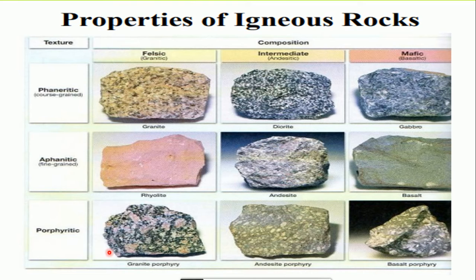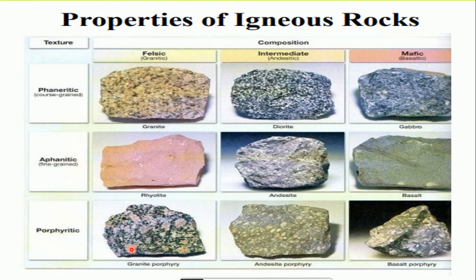Porphyritic texture is a special type of texture in which large grains are surrounded by small grains. What happens inside the earth is that when the magma is at a deeper part, slow cooling occurs, which favors large crystal formation.